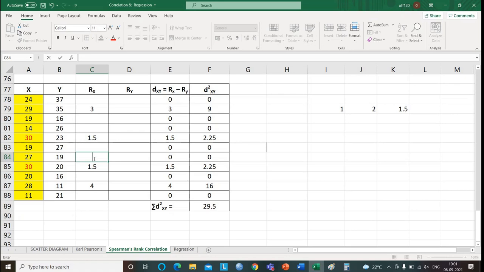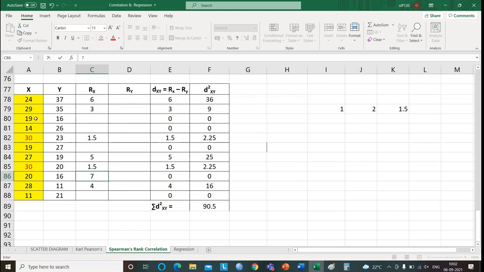Just a minute. 29 is given third rank, 28 is given fourth rank, next 27 will be given fifth rank. After fifth rank, we have 24, so it is sixth rank. After 24, 20 is given as 7th rank.